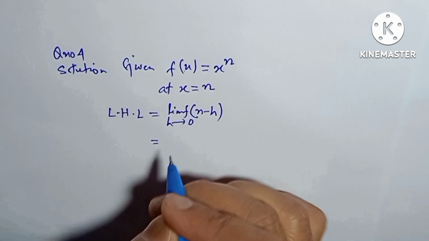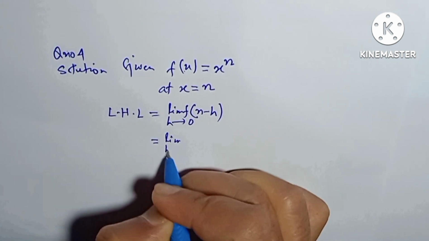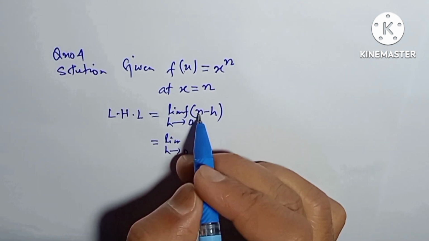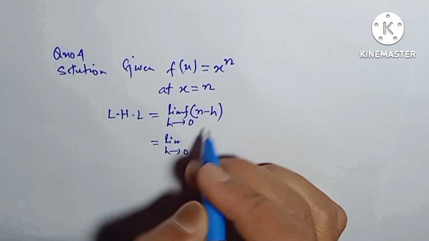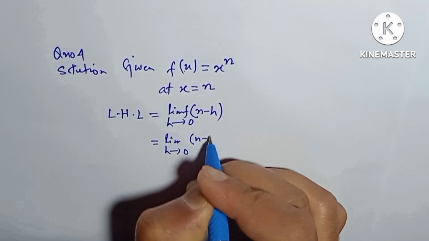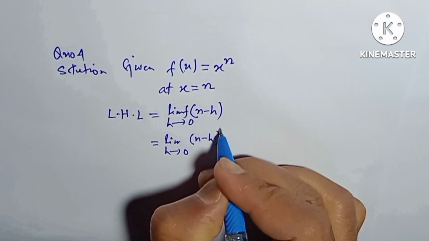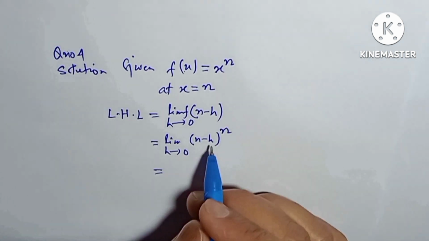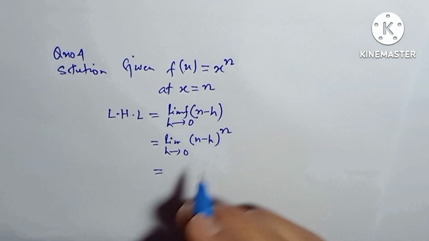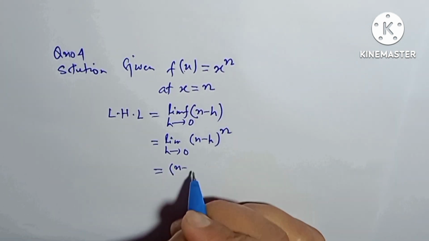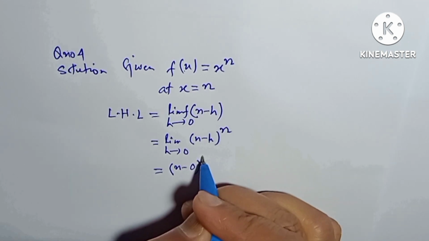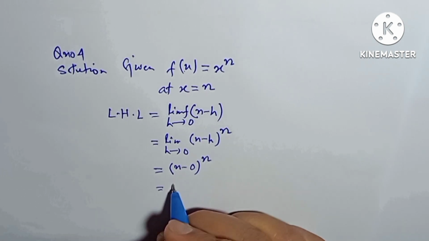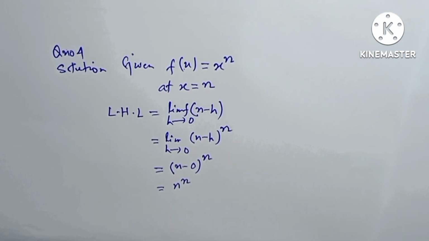Then instead of writing x, we have to put n minus h: n minus h to the power n. Let us put the values of h equal to 0. Now n minus 0 raised to the power n equal to n to the power n.